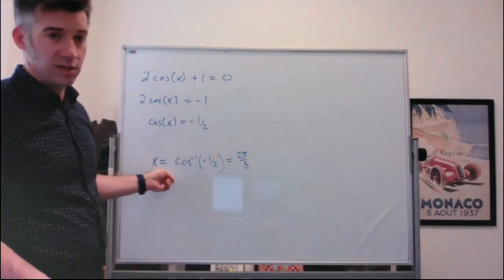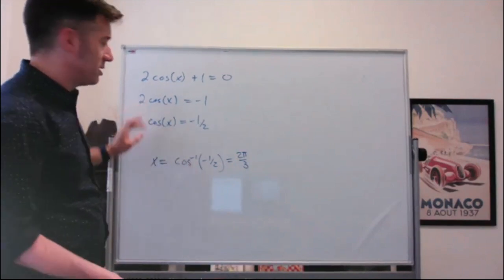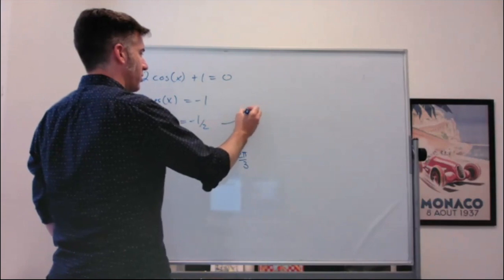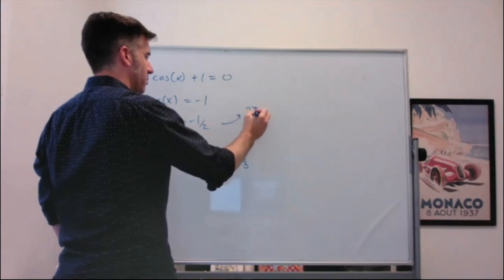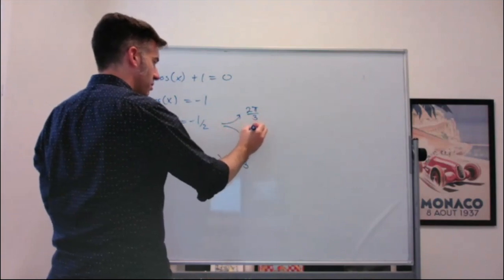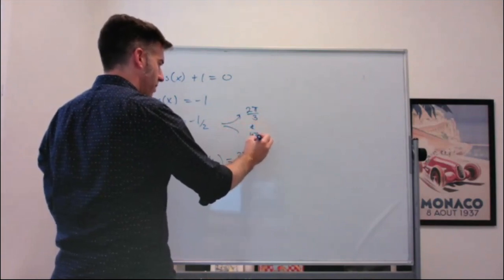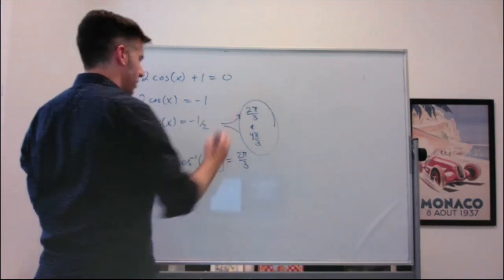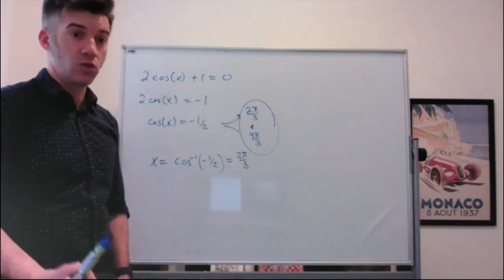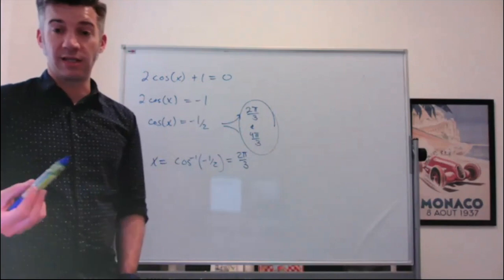This is a function, we want one output. This is an equation, we want all the solutions. So here, my solutions are both 2 pi over 3 in quadrant 2 and 4 pi over 3 in quadrant 3. Those are the places between 0 and 2 pi where cosine of x is equal to -1/2.